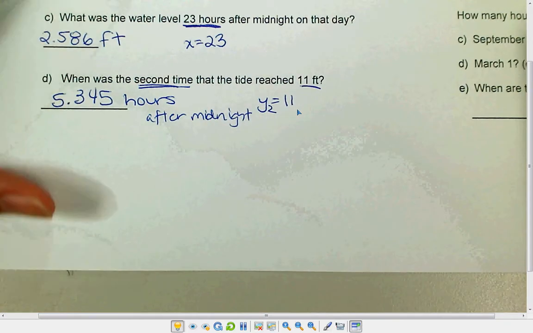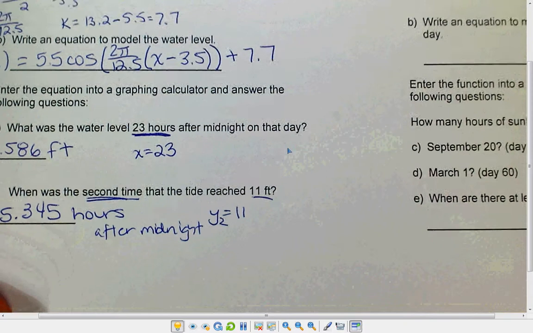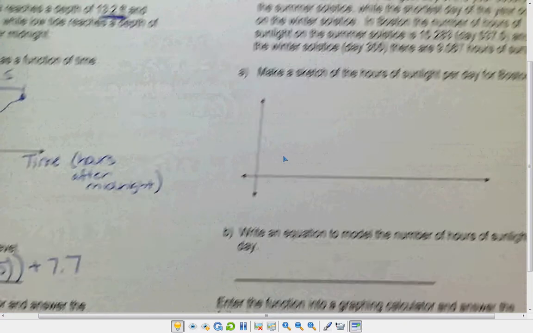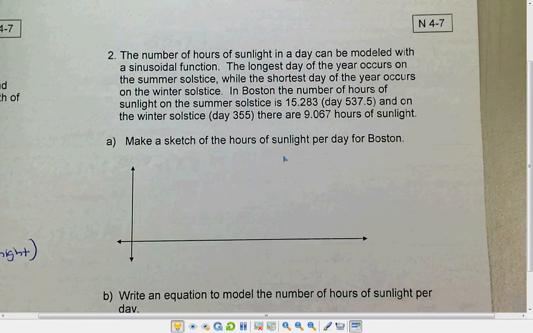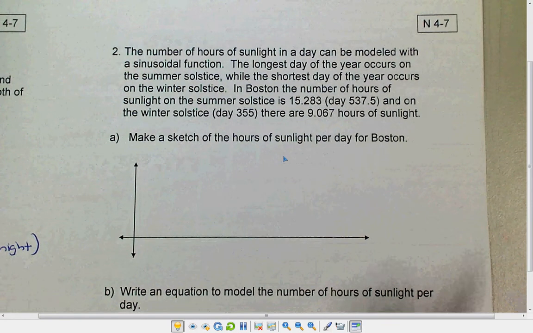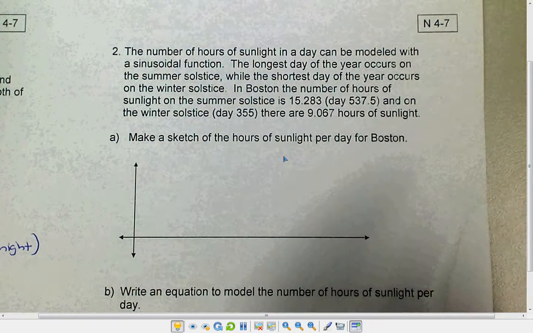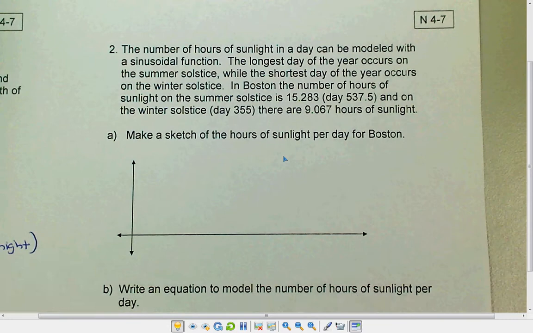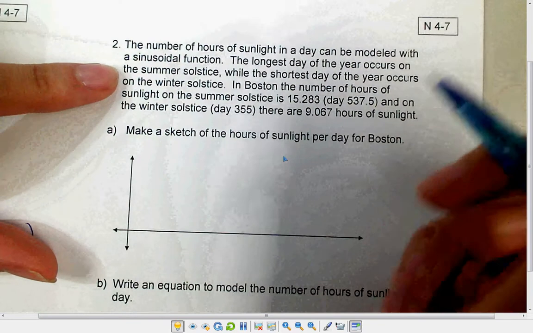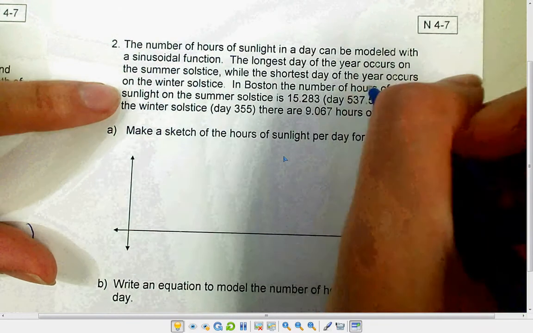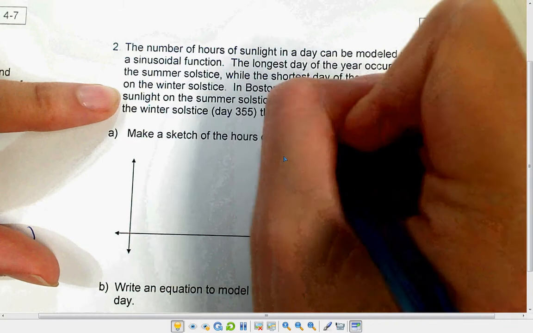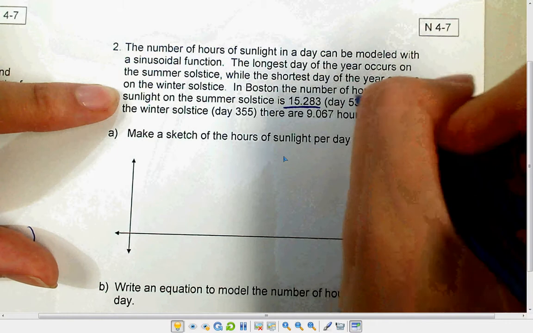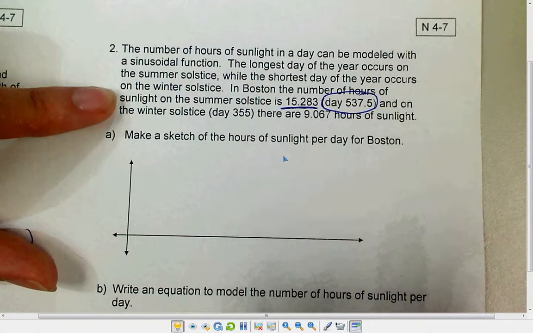Okay, so let's look at our second problem now. The number of hours of sunlight in a day can be modeled with a sinusoidal function. The longest day of the year occurs on the summer solstice, while the shortest day of the year occurs on the winter solstice. So in Boston, the number of hours of sunlight on the summer solstice is 15.28, which is on day 537.5.